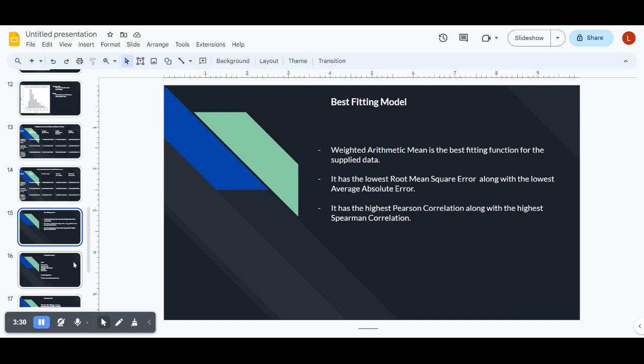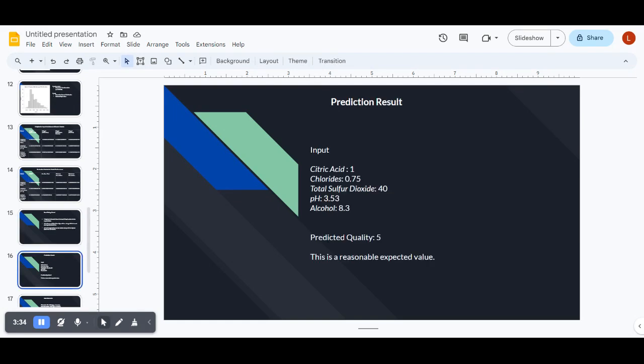After selecting weighted arithmetic mean as our best fitting function, we use it to predict an unseen instance. The predicted quality of that instance is 5. This is a reasonable result because the level of alcohol is midway between the minimum and the maximum for alcohol, which is 8.3.